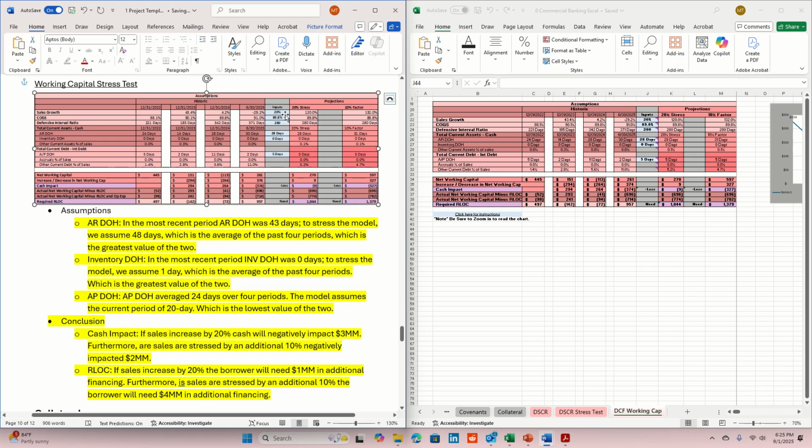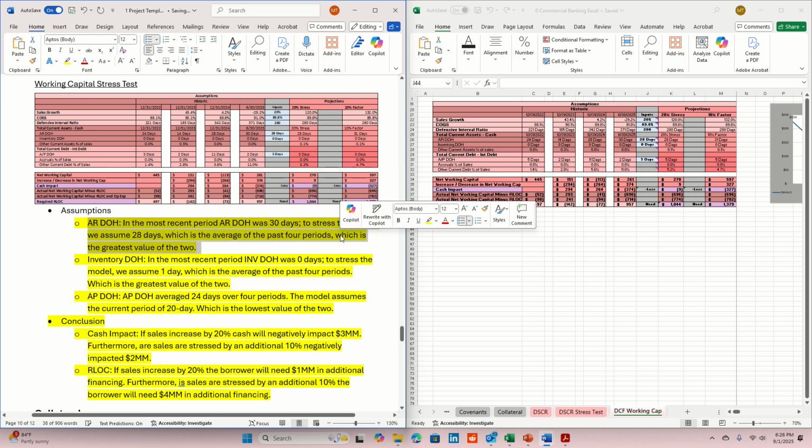We did AR days on hand, and the most recent period was 30 days, and you see where I'm pulling that. We got it right here. It says 30 days. To stress the model, we assume 28 days, which I'm pulling from right here. We got 28 days, which is the average of the past 4 periods, which is the greatest of the two.